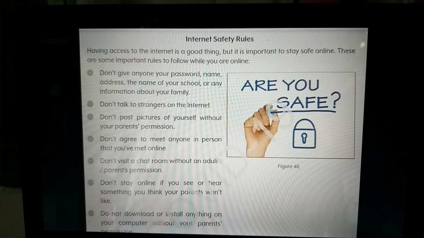Next, don't visit a chat room without an adult or parents' permission. Next, don't stay online if you see or hear something you think your parents won't like. Last but not the least, do not download or install anything on your computer without your parents' permission.